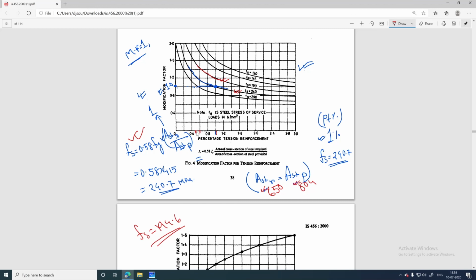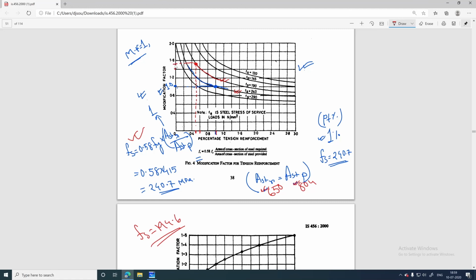So this is 0.518, near about this, right? So let's see where the intersection point is. If you draw a straight line in this zone, it will lie at this particular point, right? And the corresponding modification factor of that point, this is 1.2, this is 1.4. So this is in between 1.4 and 1.6.